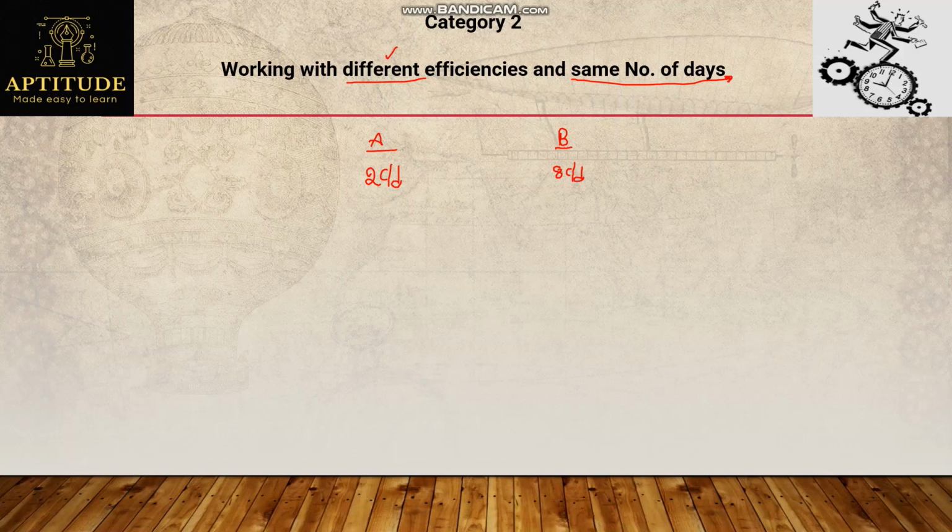And both of them work for the same number of days, like 10 days each. A ate chocolates for 10 days as well as B. After this they finished the work, and they got some salary. Assume that their salary is 2000 rupees.